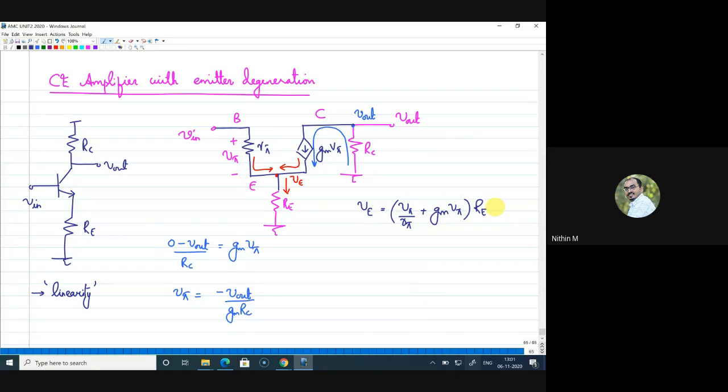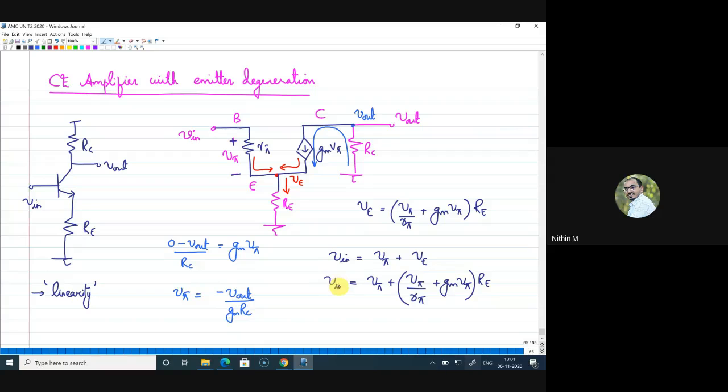Now we have written an expression for V out in terms of V pi. If I look at the input side, my input voltage V in is actually the sum of the drop across this R pi and the drop across this RE. So I can write V in as V pi plus VE, or V pi plus V pi by R pi plus gm V pi into RE.